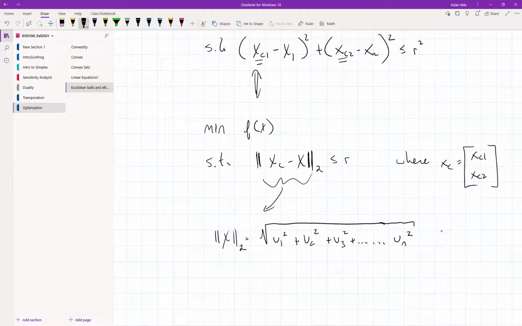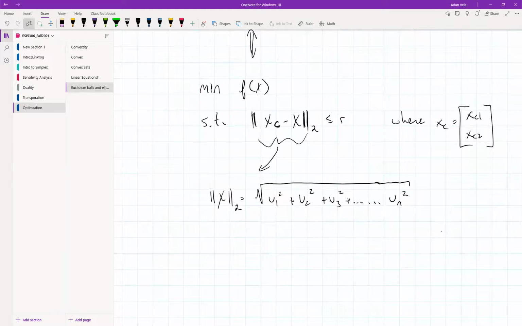Now, the shift with xc, right? So the centering, oops, and sorry, it should be u there. We can certainly do shifting as well. That's not a problem.